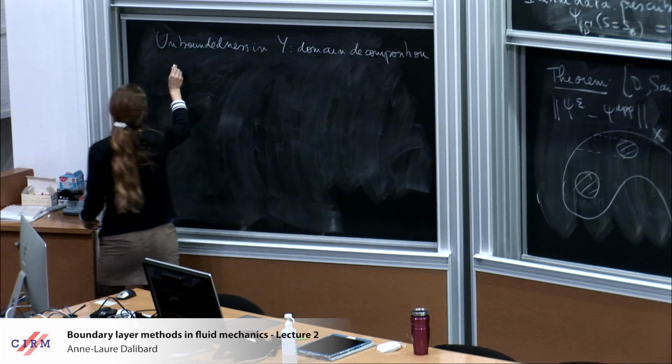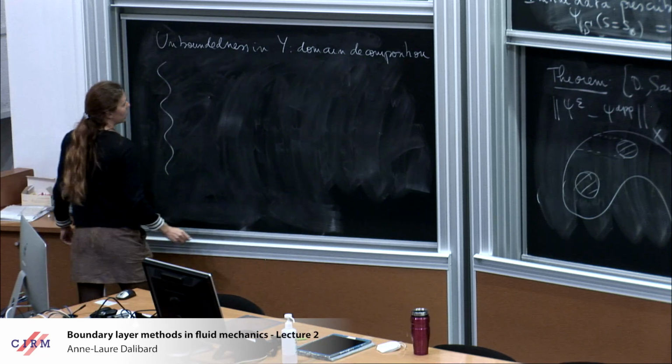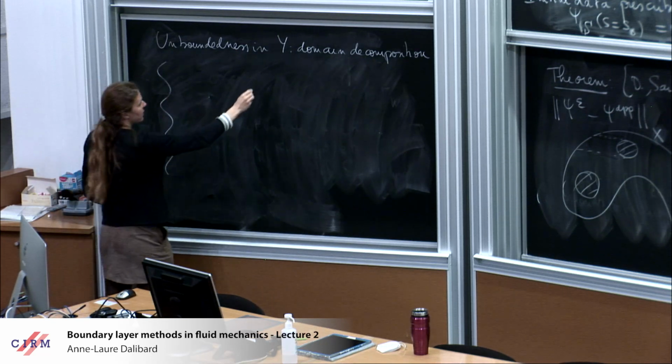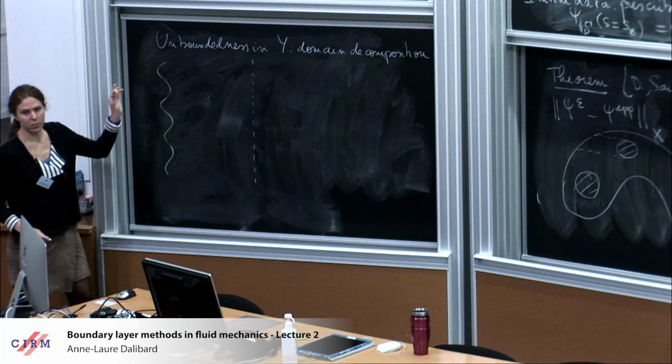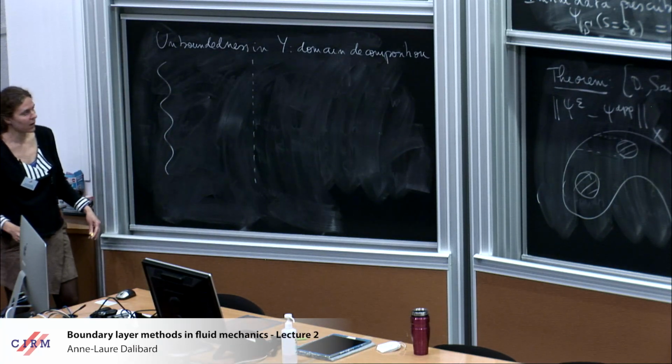You have your domain omega BL, which is like this, and you introduce an artificial boundary right there, far from the bumps.